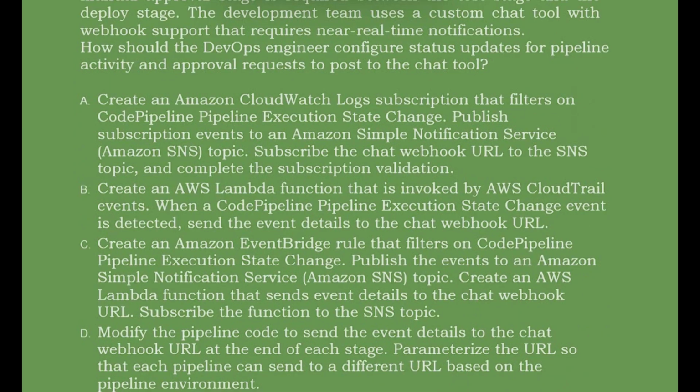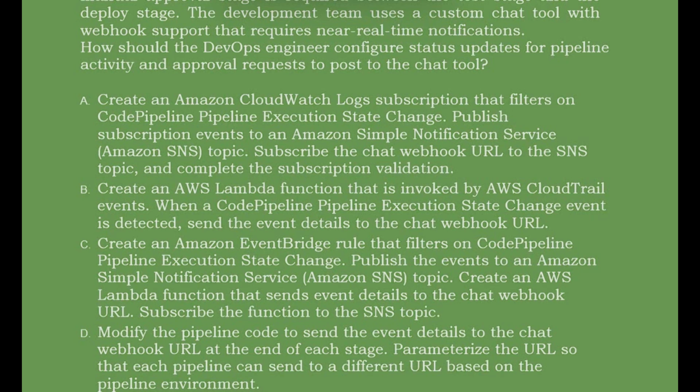Option A: create an Amazon CloudWatch Logs subscription that filters on CodePipeline execution state change. Publish subscription events to an Amazon Simple Notification Service, Amazon SNS topic. Subscribe the chat webhook URL to the SNS topic and complete the subscription validation.